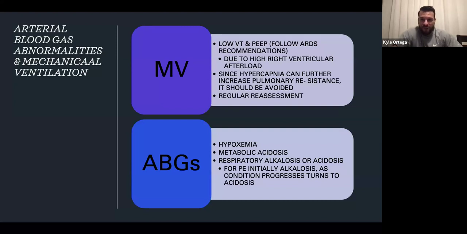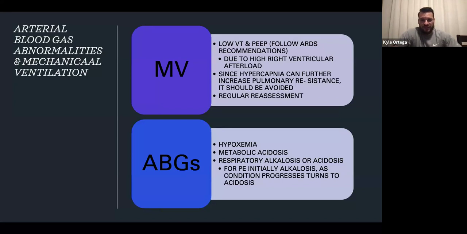The research I found said low tidal volumes and low PEEP, pretty much following the ARDS recommendation, because of that high right ventricular afterload. Since hypercapnia can further increase pulmonary resistance, it should be avoided as well. And then just regular reassessment.